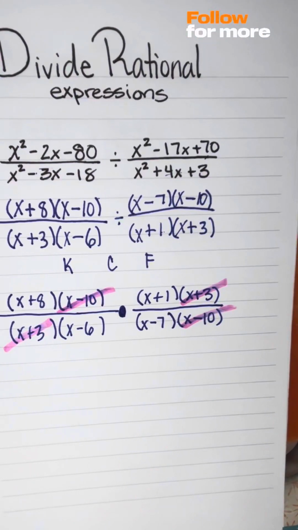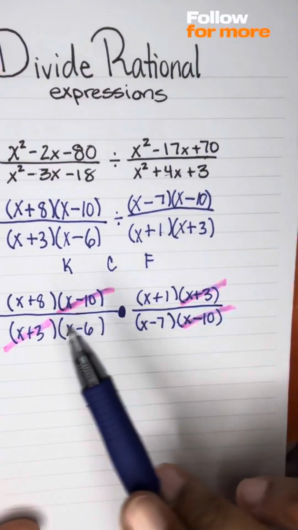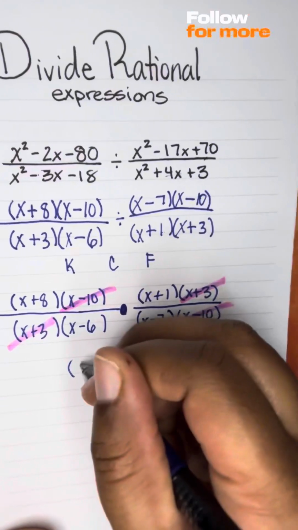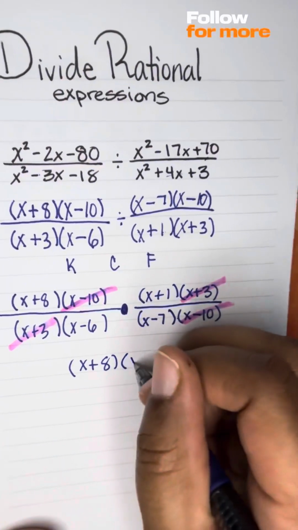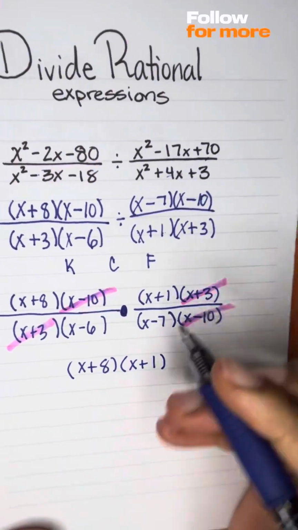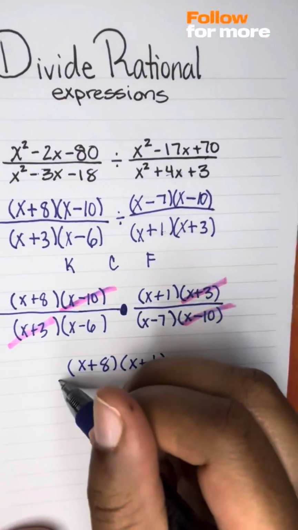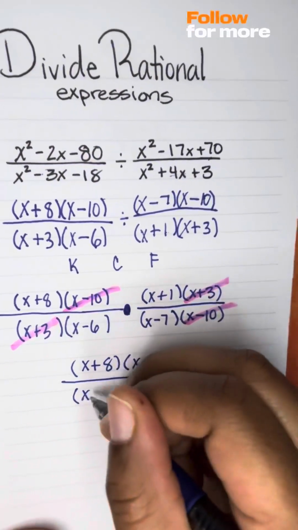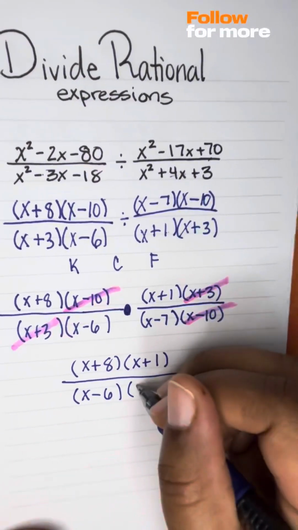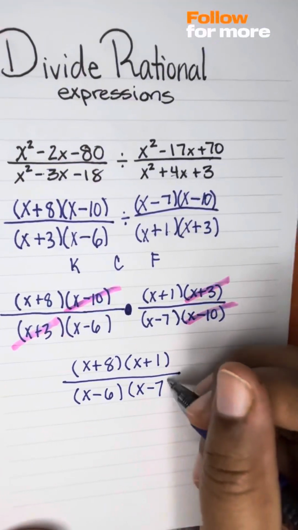It doesn't look like it, or I can't see it right now. So I'm just going to write what I have left. I have an x plus 8, and I have this x plus 1 as my numerator. Over my denominator, I have x minus 6 and x minus 7.